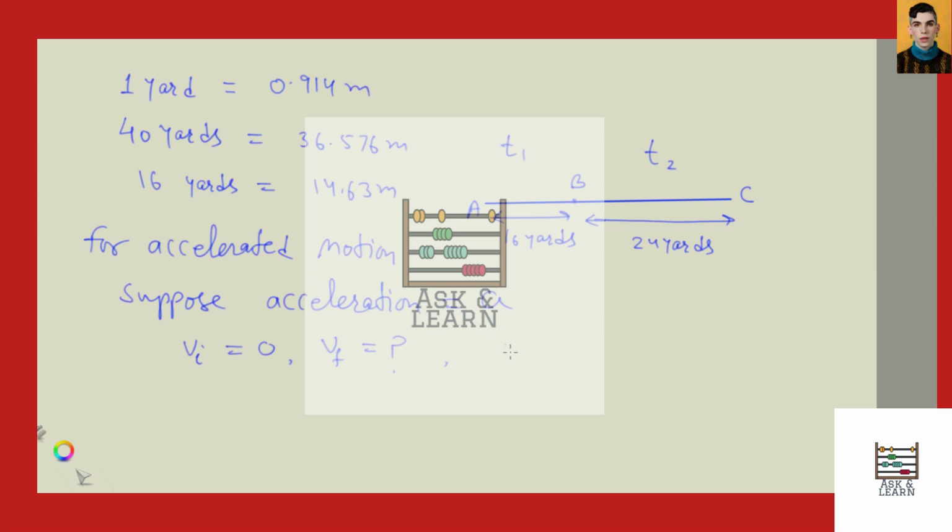Total distance traveled from A to B, let it be S1, that is 16 yards, or we have converted it into meters, 14.63 meter.